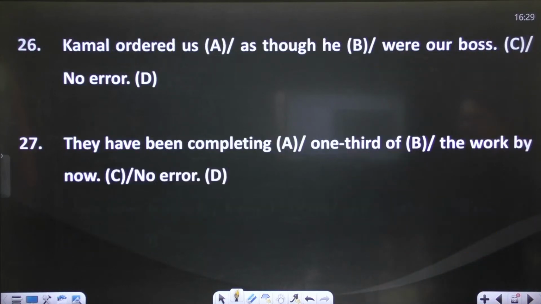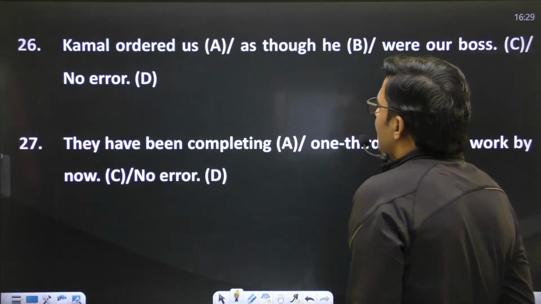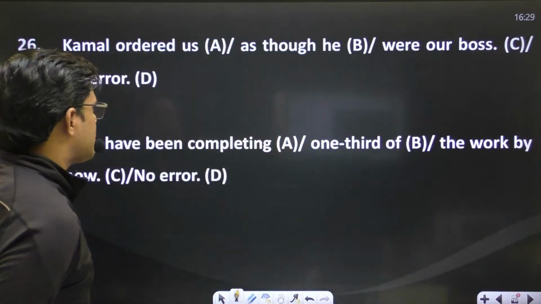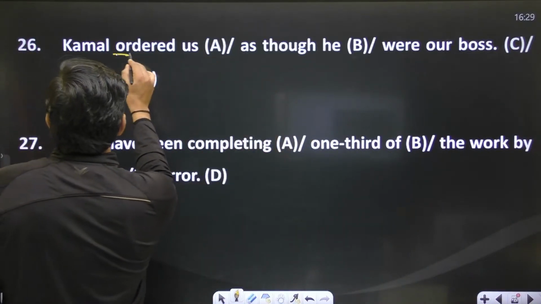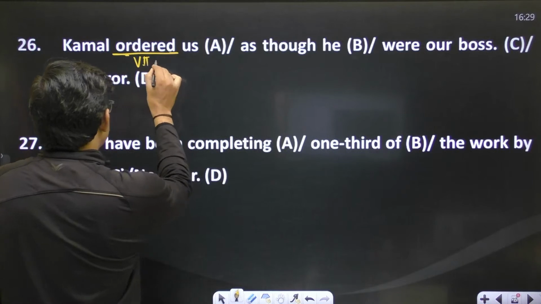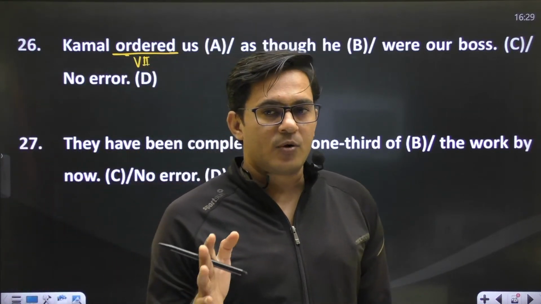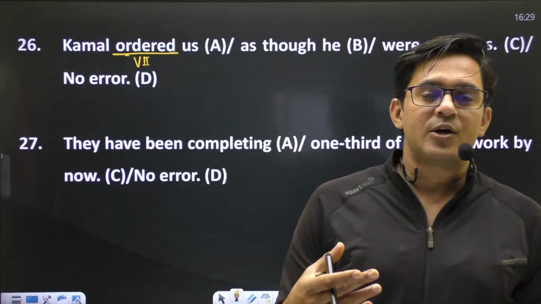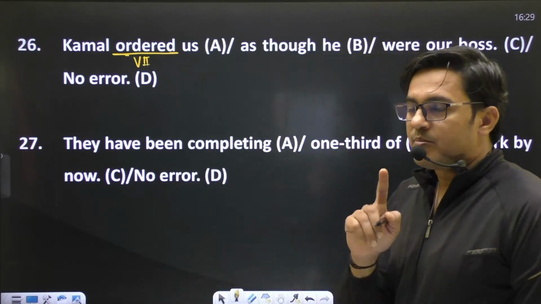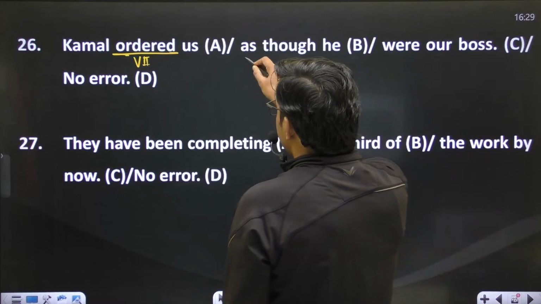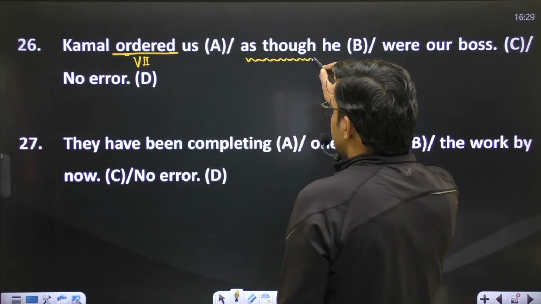The next sentence is, Kamal ordered us as though he were our boss. This verb ordered is the second form of the verb, which means here we are showing imagination, and make sure the imagination is only because of this phrase as though.